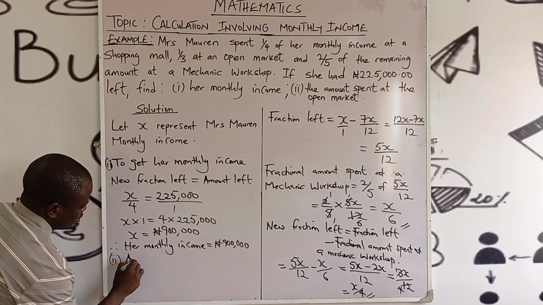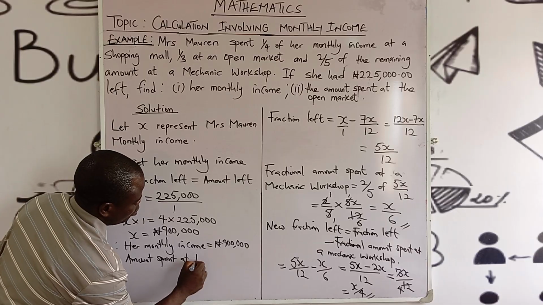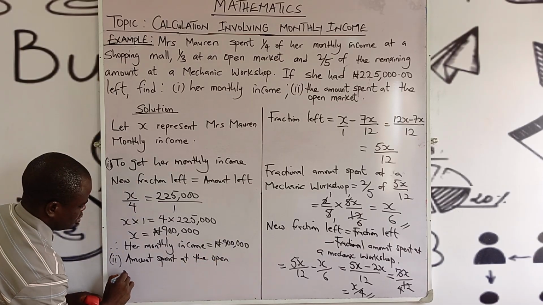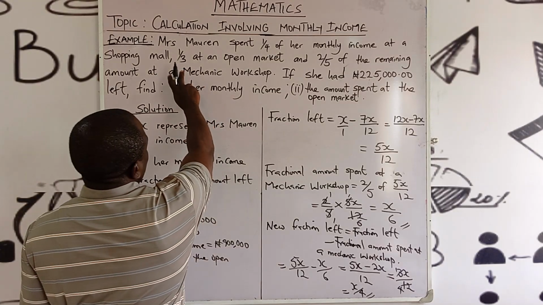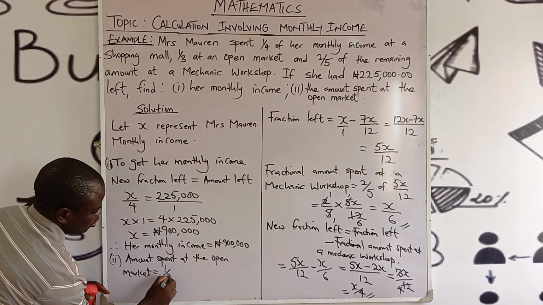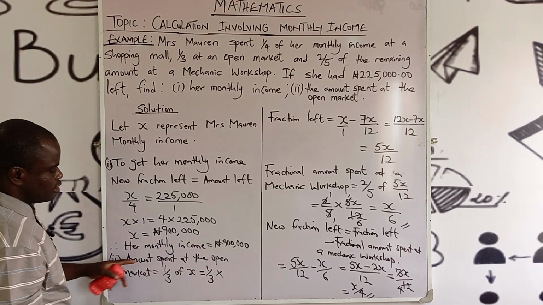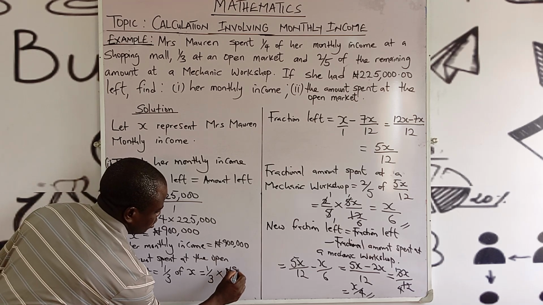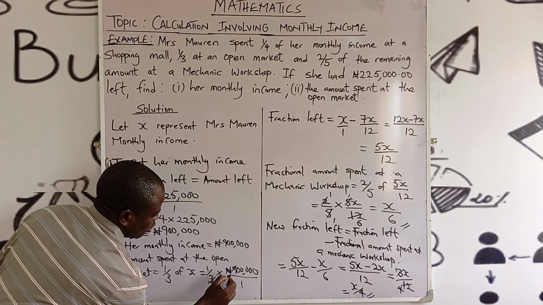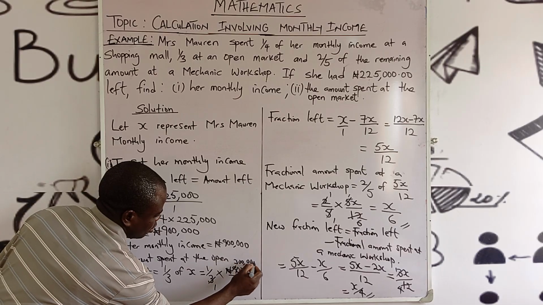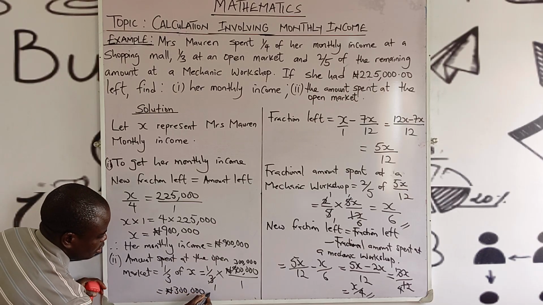The second part of the question says the amount spent at the open market. The amount spent at the open market equals 1 over 3, you can see it, 1 over 3 at an open market. 1 over 3 of X, which is equal to 1 over 3 times X. X is 900,000 naira over 1. 3 in 9 is 3, then 0, 0, which is equal to 300,000 naira.